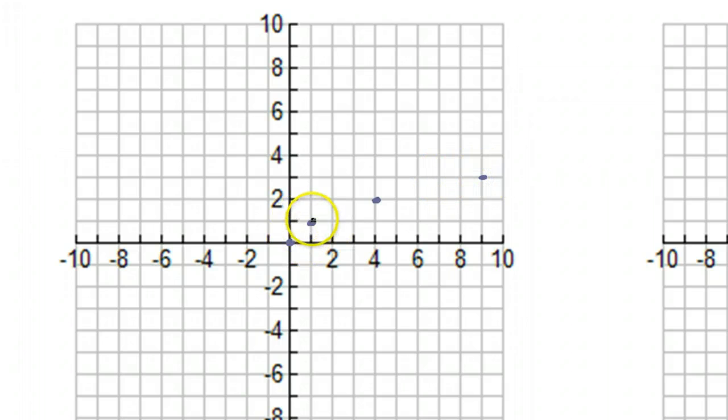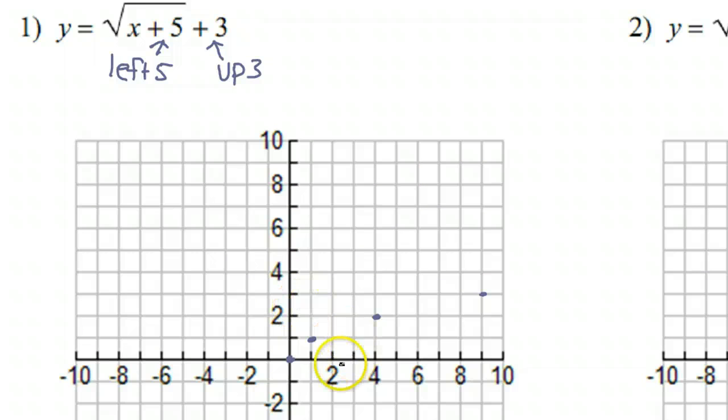It's like up 1 over 1, up 1 over 3, up 1 over 5. Just for quickness, we're going to memorize that. So this is the skeleton of the parent function. So all we need to do is take these 4 points and shift them left 5 and up 3.